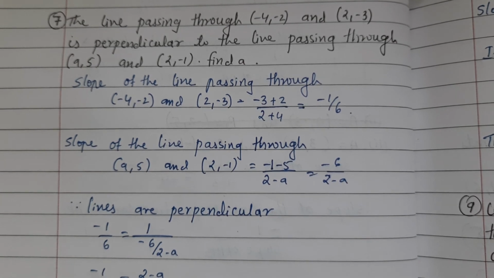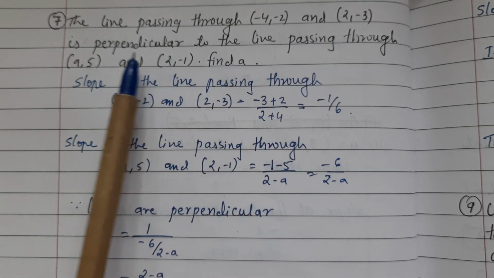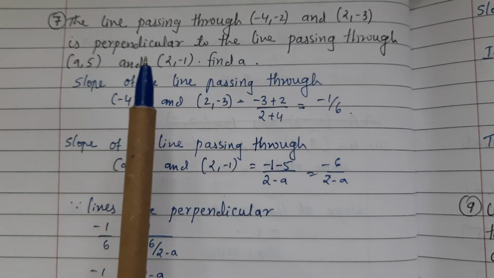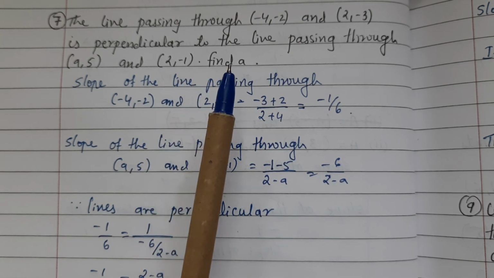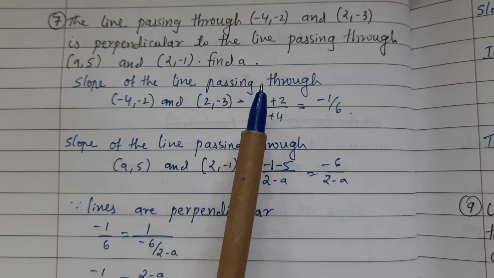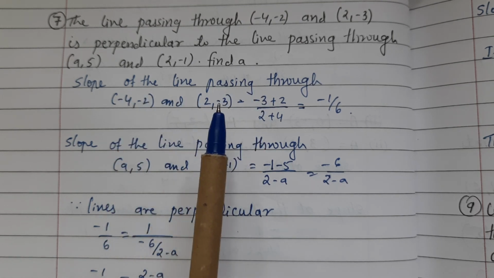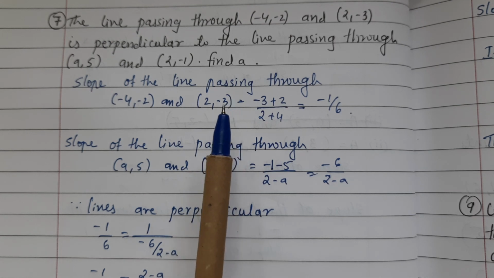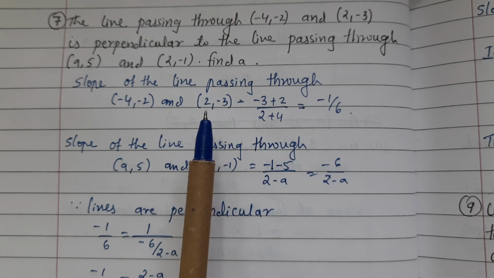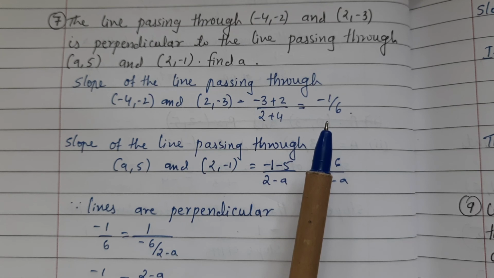Sum number 7. The line passing through (-4, -2) and (2, -3) is perpendicular to the line passing through (a, 5) and (2, -1). Find a. First, the slope of the line passing through points (-4, -2) and (2, -3) is equal to (-3 - (-2)) upon (2 + 4) equals -1 upon 6.